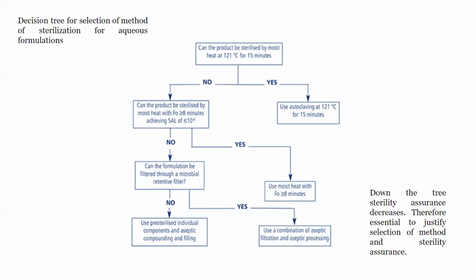So right from raw material, equipments to be used in the formulations, equipments used for in-process and final quality control, the packaging material, everything should be sterile, and the compounding, filling, packaging, everything should be done in sterile area, which is known as aseptic area. So this describes the flow chart for fixing a sterilization method for the aqueous formulations in pre-formulation studies.